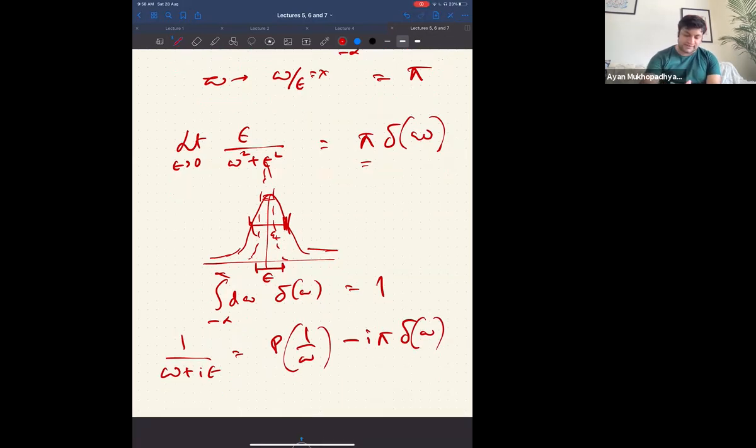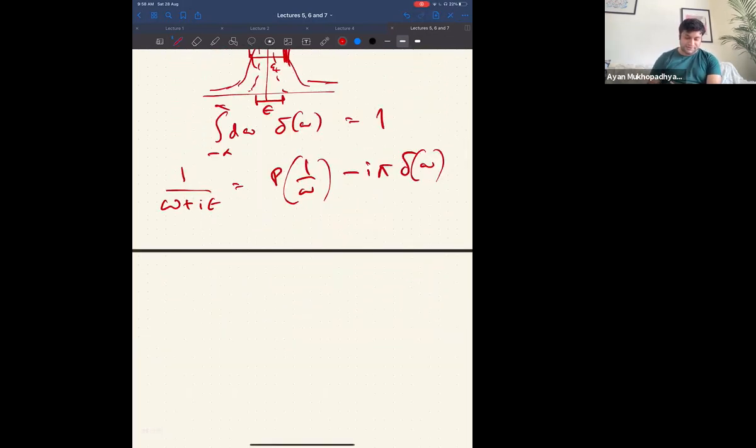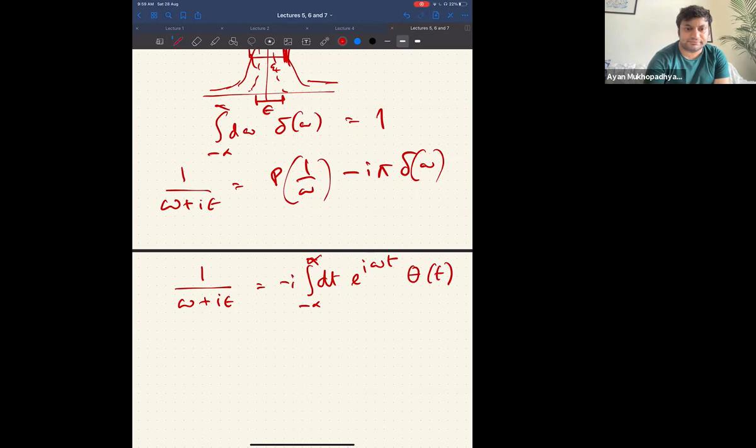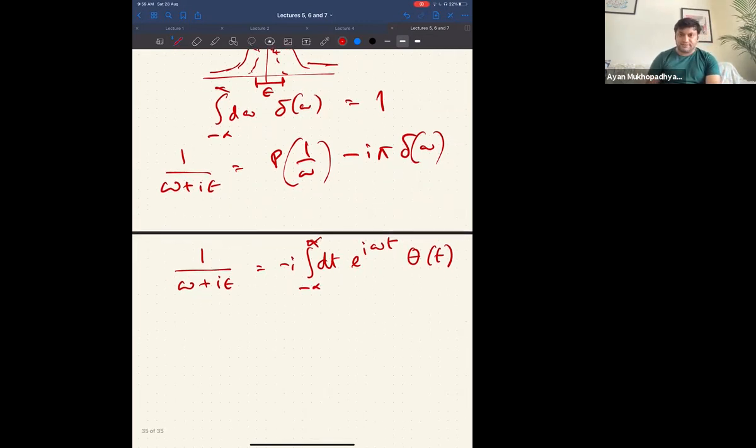Okay, so now let us see its consistency with the Fourier transform. As I said, 1 over omega plus I epsilon can be written as the integral dt from minus infinity to infinity of minus I e to the power I omega t times theta of t. I leave it to you as an exercise to see the following.